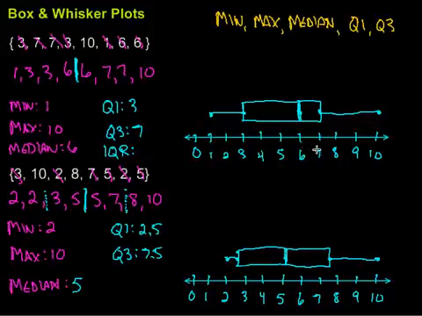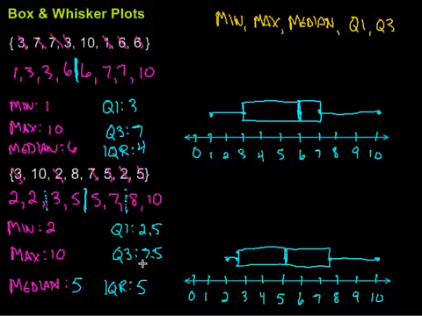So let's find the interquartile range of our two box and whisker plots right here. So this one is 7 down to 3, so 7 minus 3. Interquartile range for this one is 4. Then this one is 7.5 to 2.5. Subtract that. The interquartile range for my second box and whisker plot here is 5.